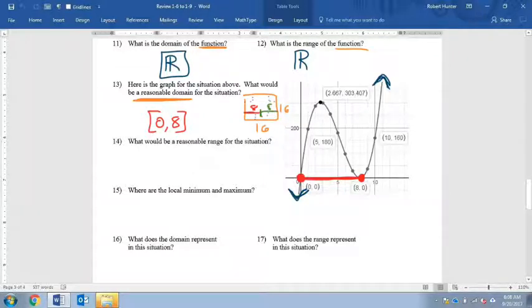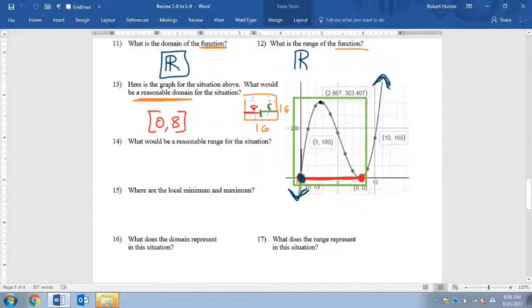What would be a reasonable range? If domain is x, range is y. So if this is my acceptable domain, then any y value within those parameters is an acceptable y value. The y's go from 0.